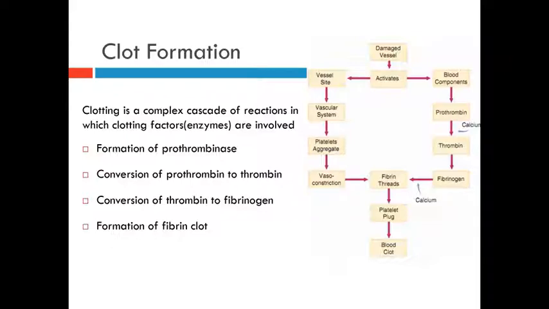Prothrombin then gets converted to thrombin with help of calcium. Thrombin gets converted into fibrinogen. Fibrinogen gets converted to fibrin thread which leads to platelet plug. In addition to vasoconstriction, this platelet plug forms into blood clot.